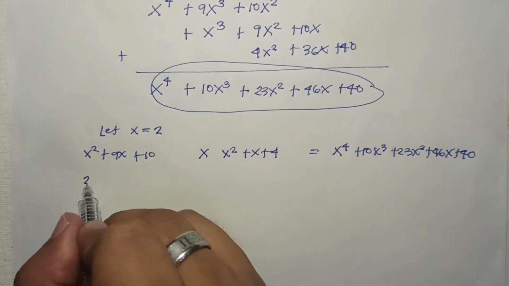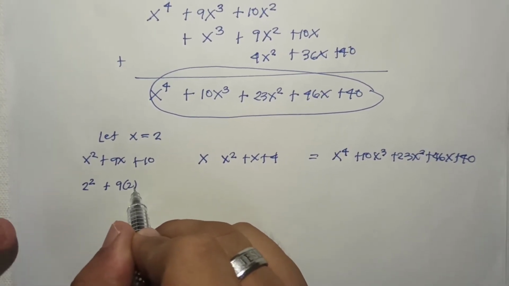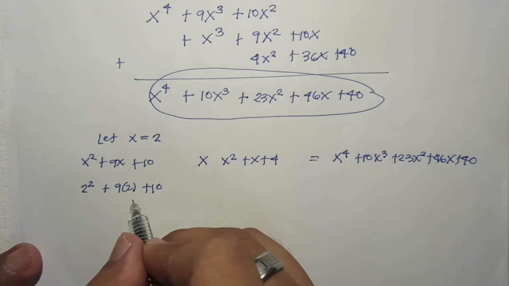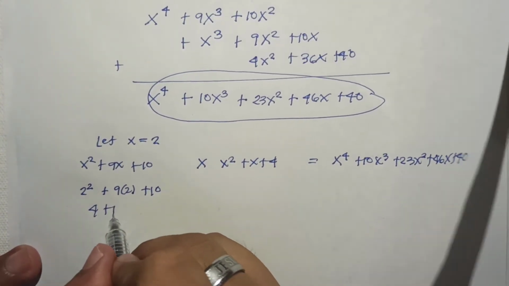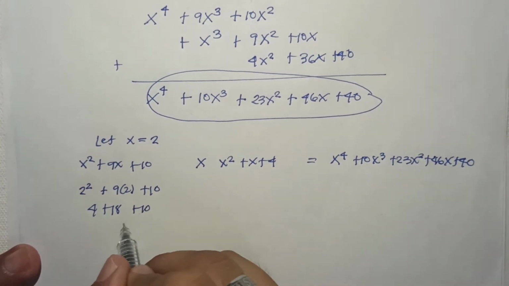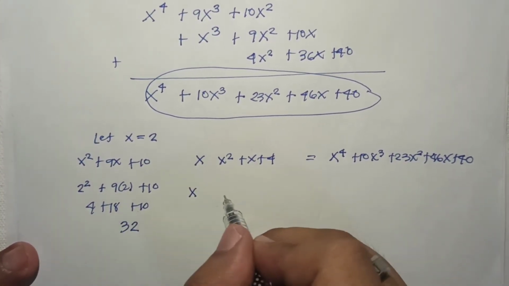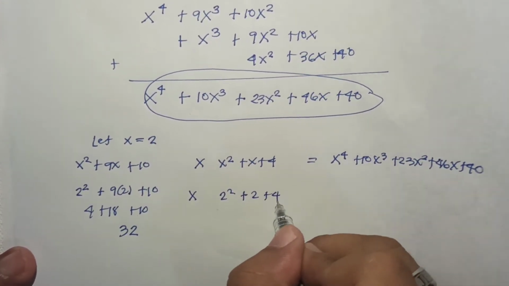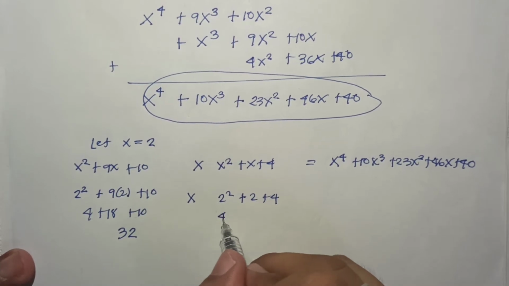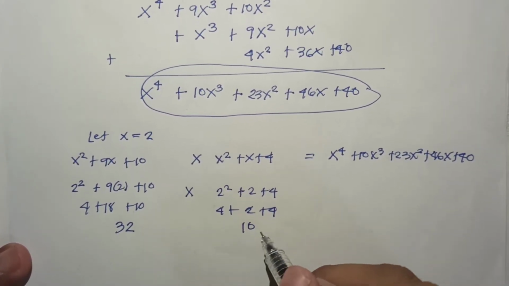So we have 2 squared plus 9 times 2 plus 10, that is 2 squared, 4, plus 18 plus 10, equal to 32. Multiply it by 2 squared plus 2 plus 4, which is 4 plus 2 plus 4, the result is 10.